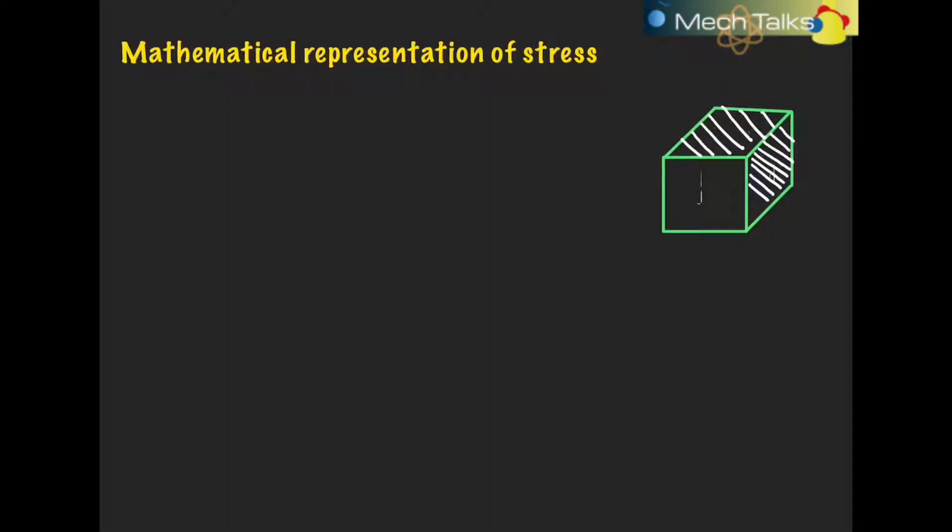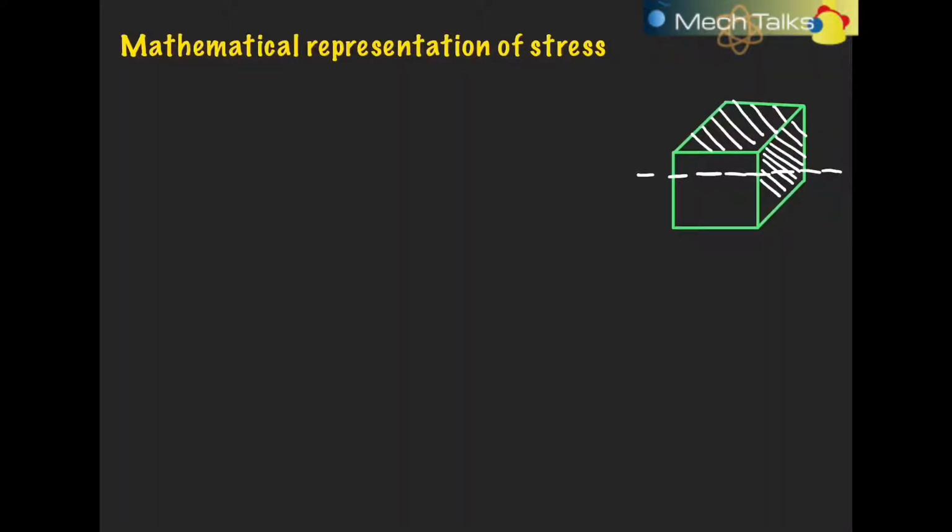Now, coming to the mathematical representation of stress, again we see this three-dimensional box. What we have seen earlier is that this is the axis of the box. Depending upon where we apply the load, the stresses are either tensile, compressive, or shear.